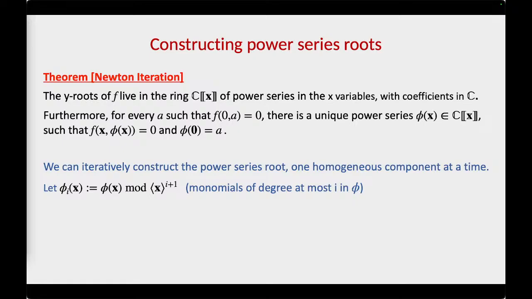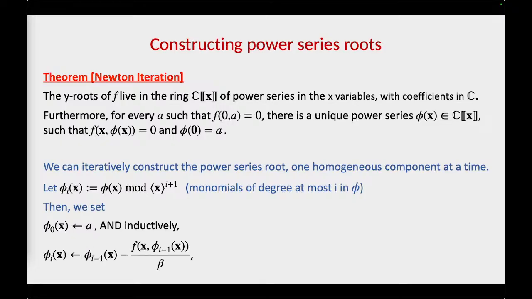Okay, so let's define phi sub i to be phi of x mod x to the i plus 1. This just means this is the part of phi where we have thrown away all monomials of degree more than i. So we just retain the monomials of degree at most i in phi. That's phi sub i. And then we just set phi sub 0 to be a. This was the guarantee of the theorem. And now we have a way of constructing phi sub i from phi sub i minus 1.